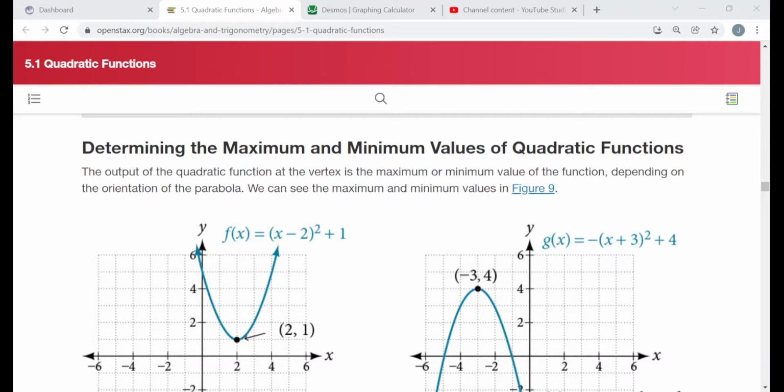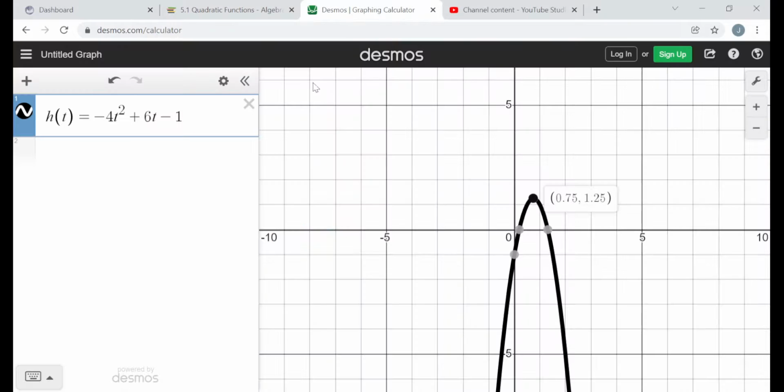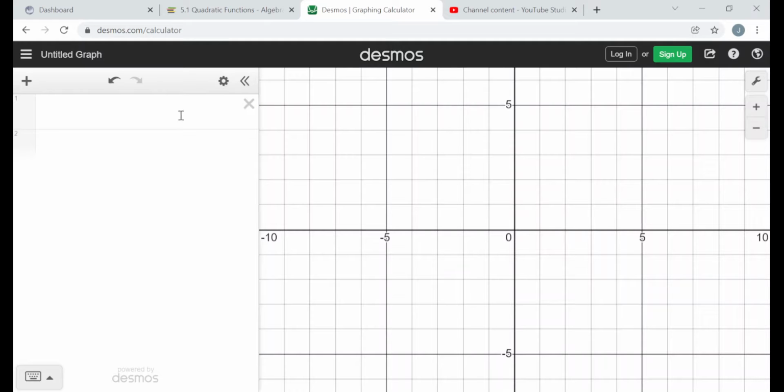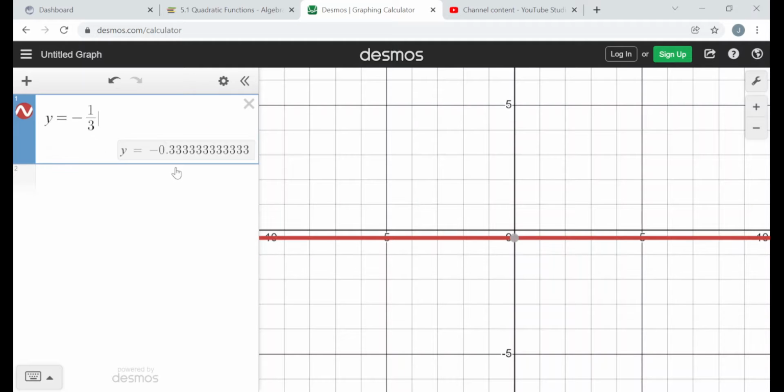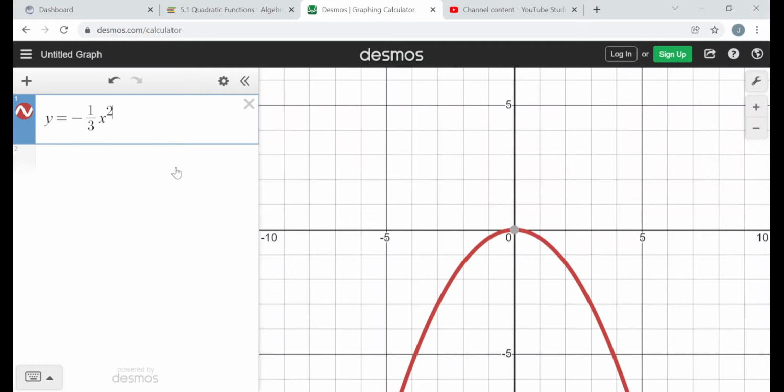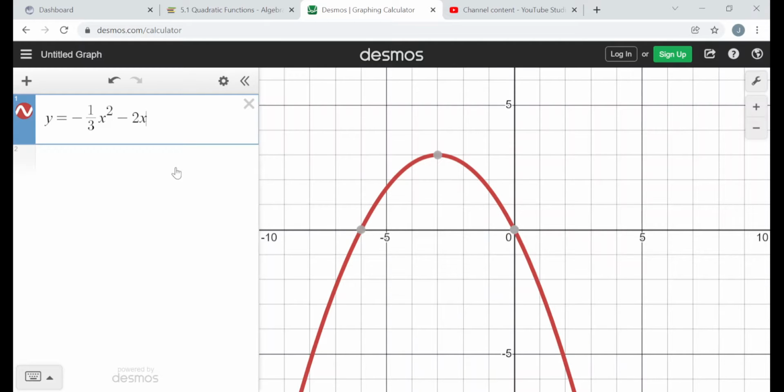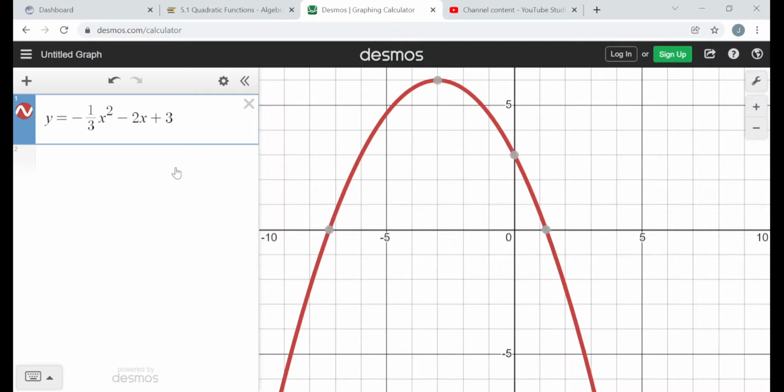And again, let's verify it. Going back to Desmos, I'll put in the function they gave us, y equals negative 1/3 times x squared minus 2x plus 3. And look at the vertex there.